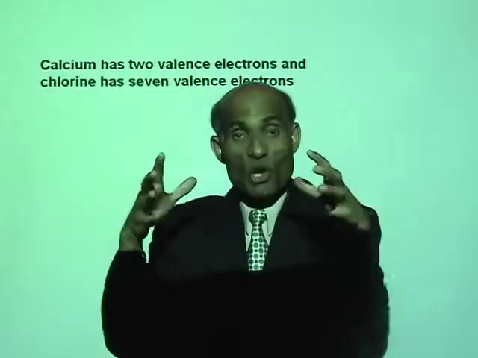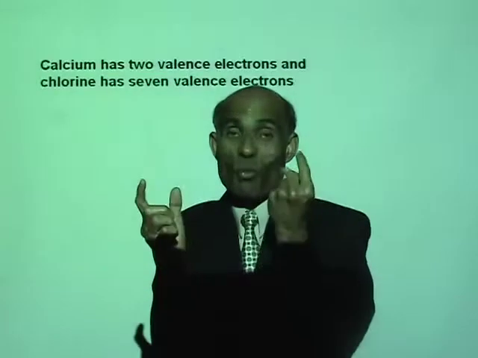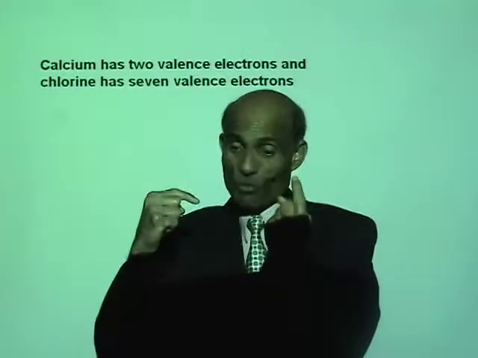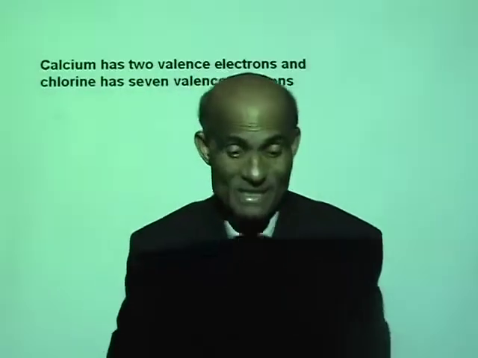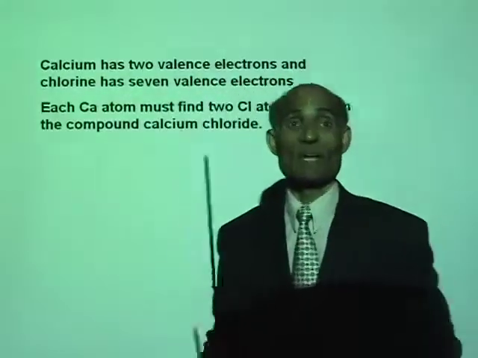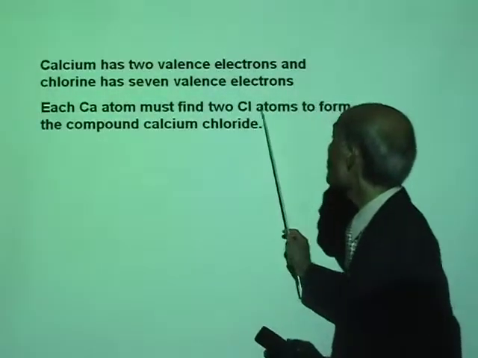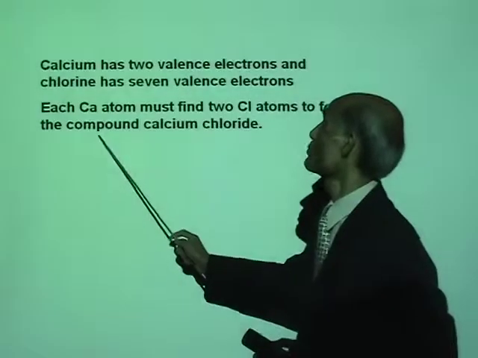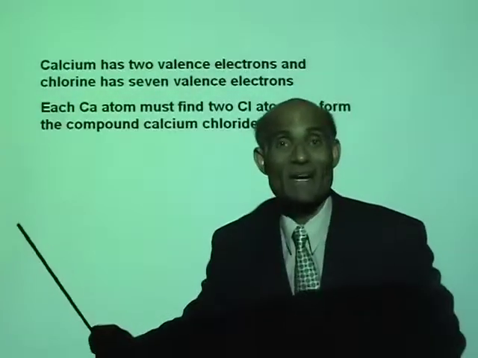Now the resulting compound therefore will be an arrangement of 1 calcium atom with 2 chlorine atoms. Is that right? Yes, that's the way it works. Now, each calcium atom must find 2 chlorine atoms to form a compound called calcium chloride.